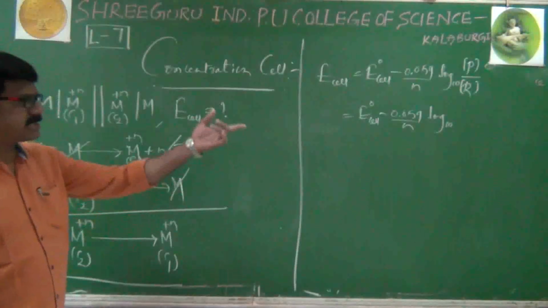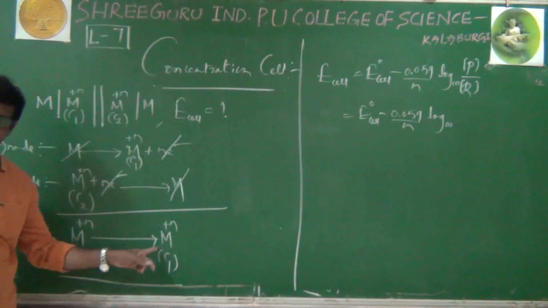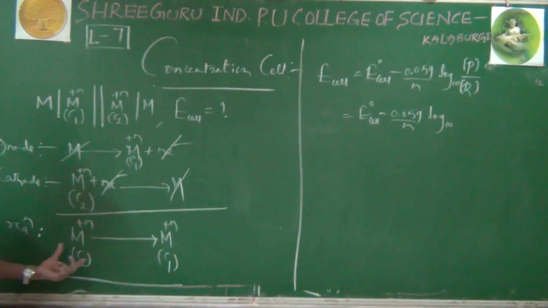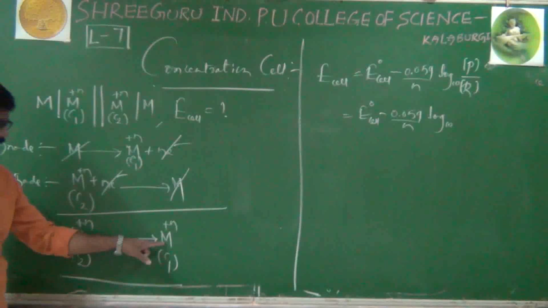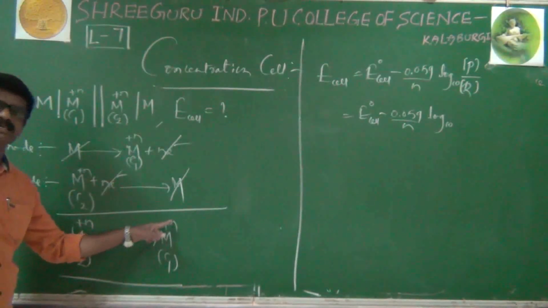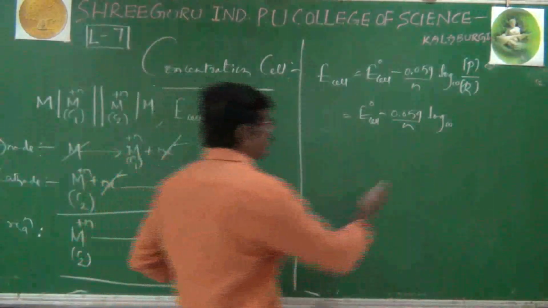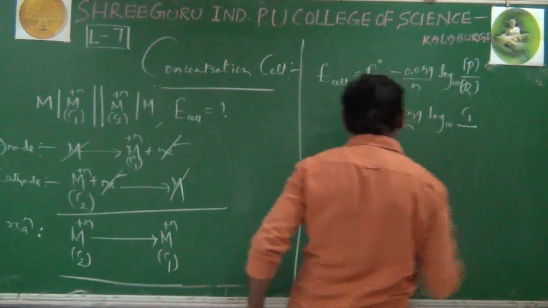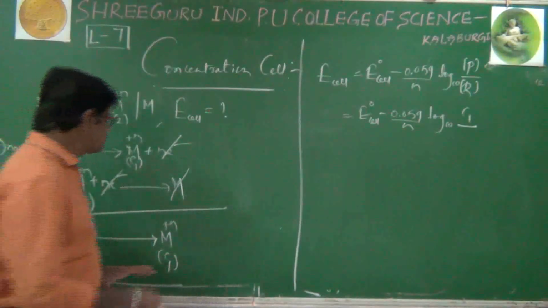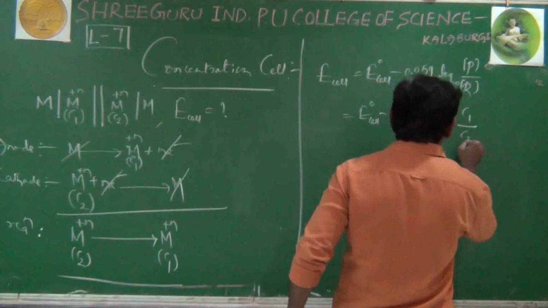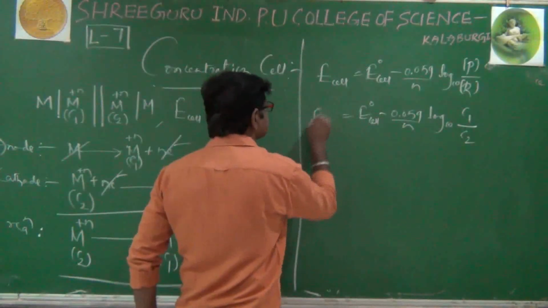Which is a product and which is a reactant will be known from the net cell reaction only. That's why first we will write the product. Instead of writing M^n+, I will write directly C1, C1 divided by C2. C1 by C2. That is E cell is equal to.